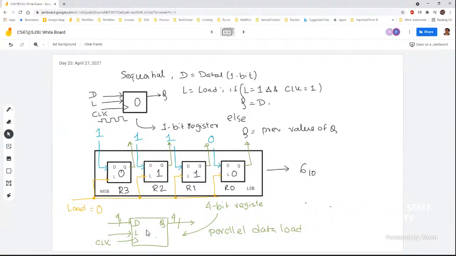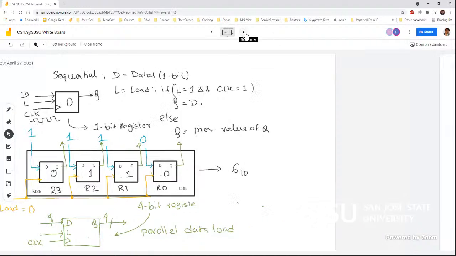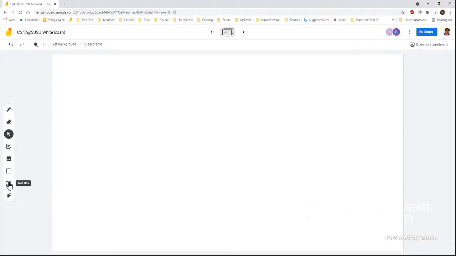Okay. Now, the next part would be what about shifting? How can we actually shift the bits inside these registers? Let's take another example of 4 bits.